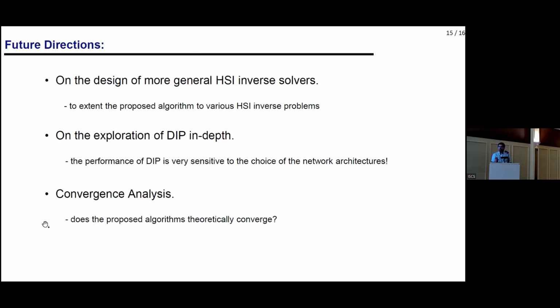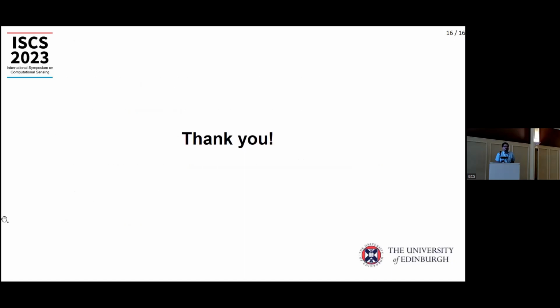Early stopping is crucial in DIP, otherwise you are overfitting and you do not get the good results that you want. There are some stopping criteria that people have come up with, but this still needs to be developed. So with this, I thank you for listening and I am happy to take any questions.